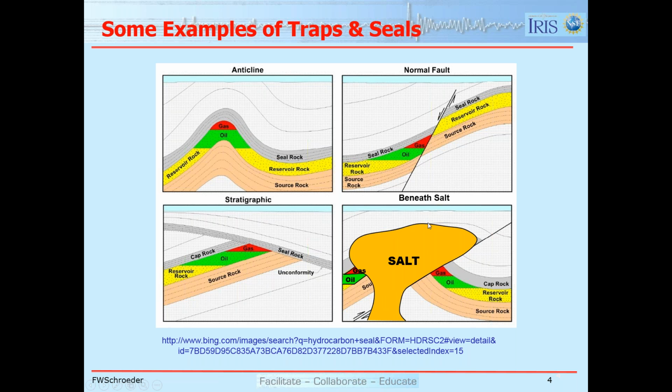So if we have a salt feature and maybe it has an overhang as shown here, we can trap oil and gas beneath salt in the overhang or on the flanks of the salt dome as well. These types of salt traps are very important these days in the deeper water Gulf of Mexico exploration, development, production.